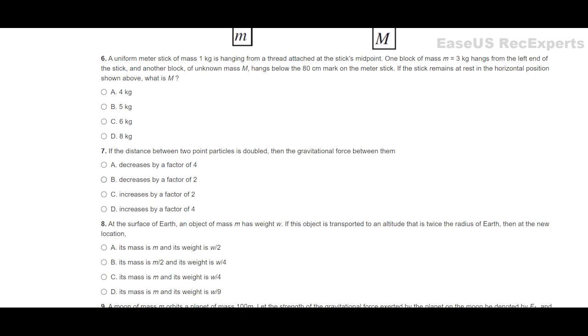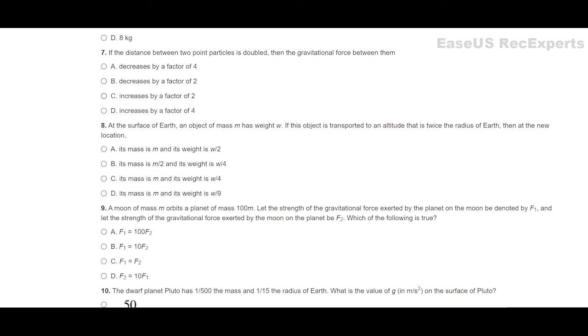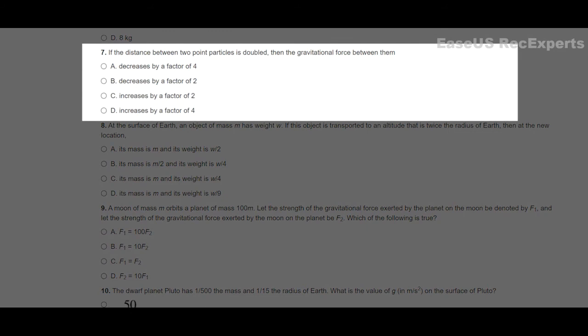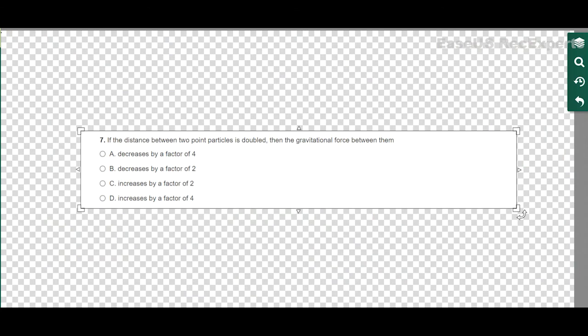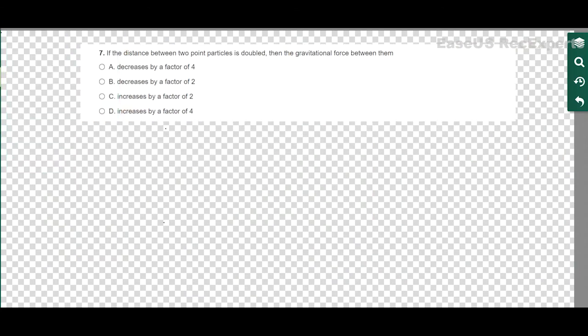All right, so number 7. If the distance between two particles is double, then the gravitational force between them is... All right, so what we have here is two particles at a distance of, let's call it r, and we know that, let's write this down, G m1 m2 over r squared is equal to our gravitational force.